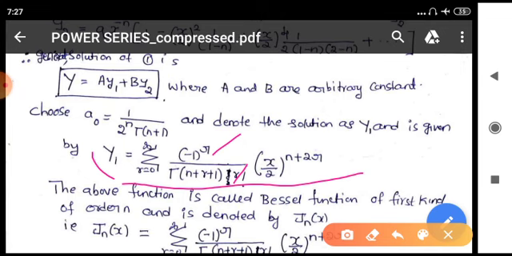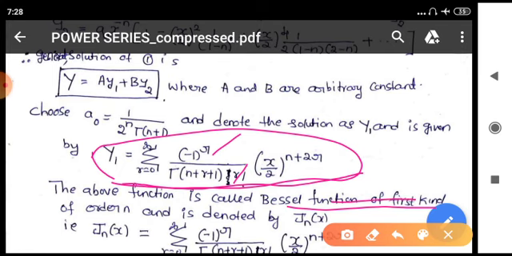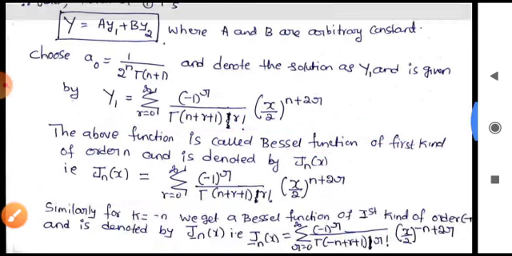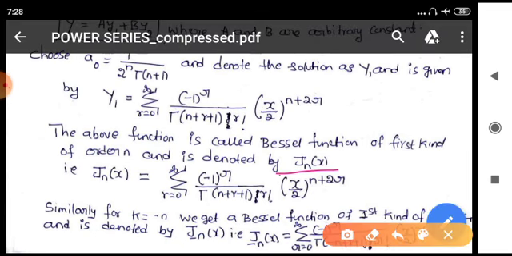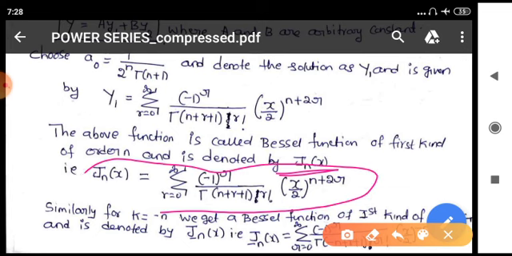The above function is called Bessel function of first kind of order n and is denoted by Jn of x. This is most important. That is, Jn of x expression you should be able to remember.